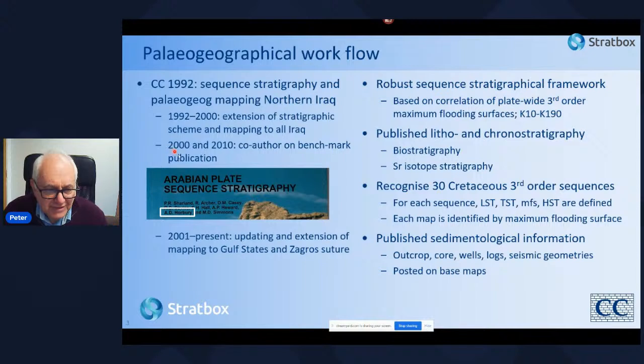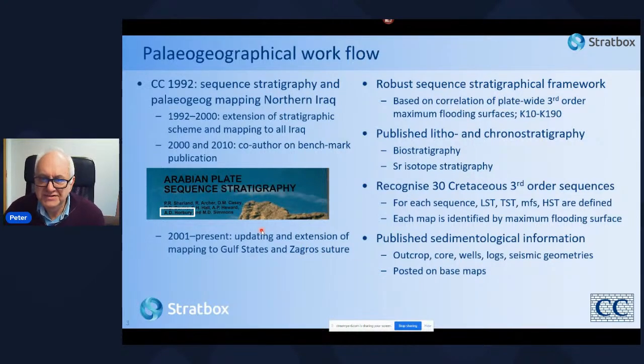And in 2000, this resulted in a benchmark publication that is used throughout the industry, Arabian Plate Sequence Stratigraphy, which presents the basic sequence stratigraphic correlation on which our paleogeographic maps are based. Since then, up to the present, we have been updating and extending our mapping and correlations to the Gulf states and also across to the Zagros suture.